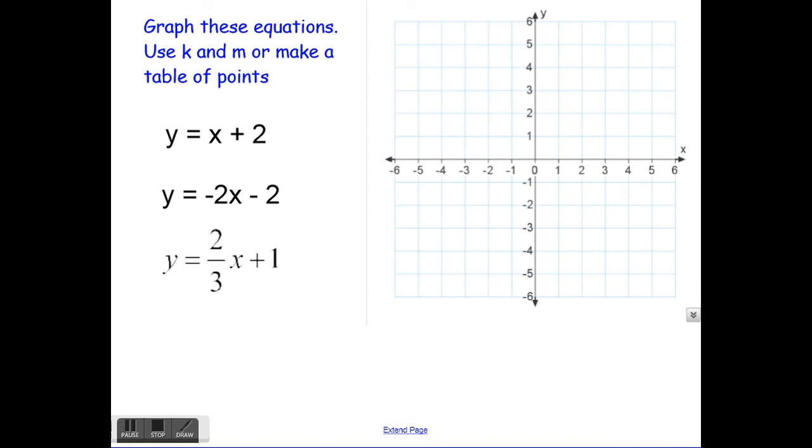So now I'm going to show you how to use slope and y-intercept to graph equations, so without drawing a table of values. Okay? So whenever you have an equation in this form, so y equals kx plus m, here we go.